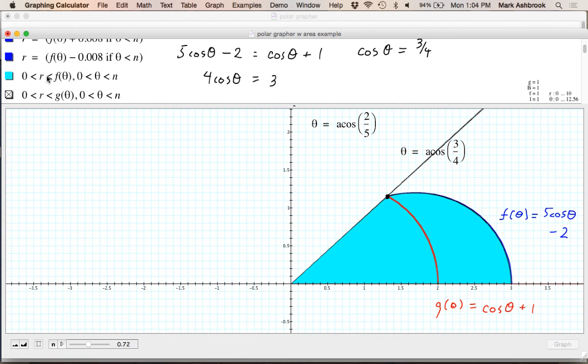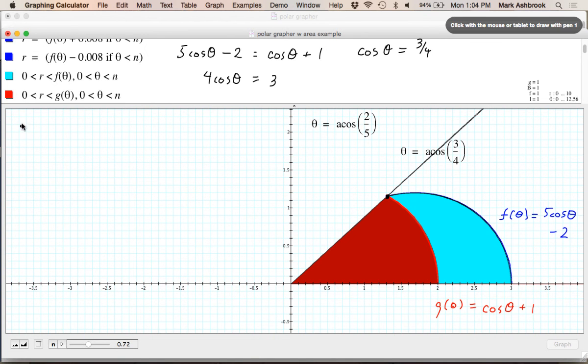It would be this. That would be 1/2 r squared, where r equals f of theta. And so if I just want the shark fin, then what do I want to do? Subtract that. So this is the shark fin, and this is all the blood, right?